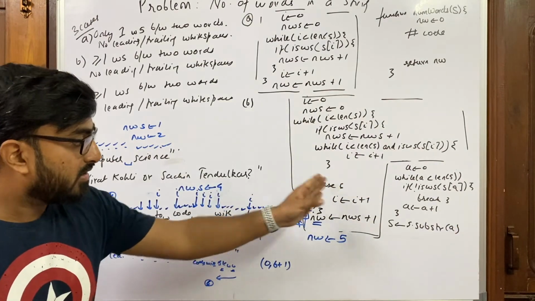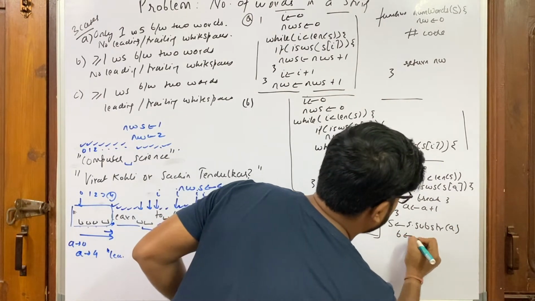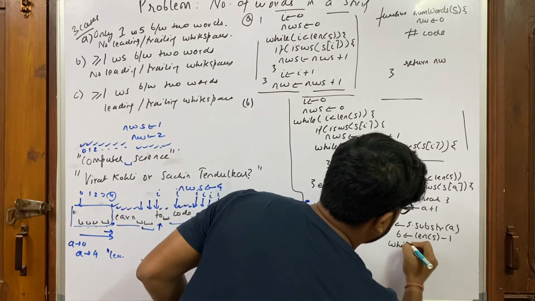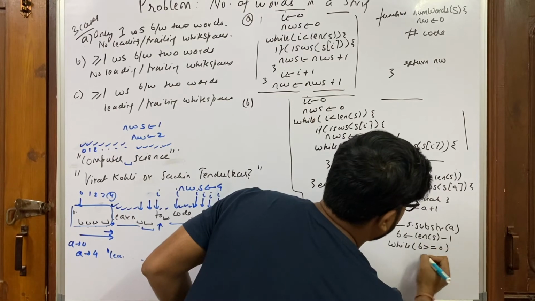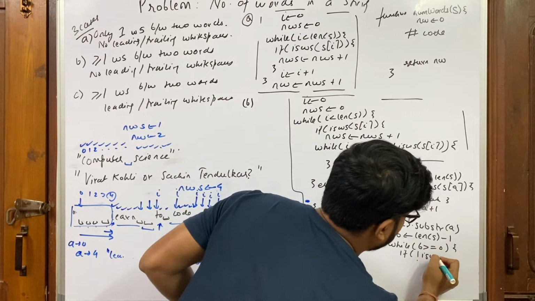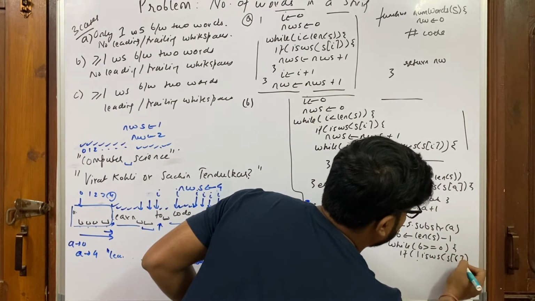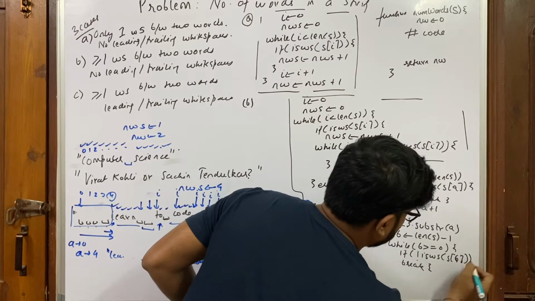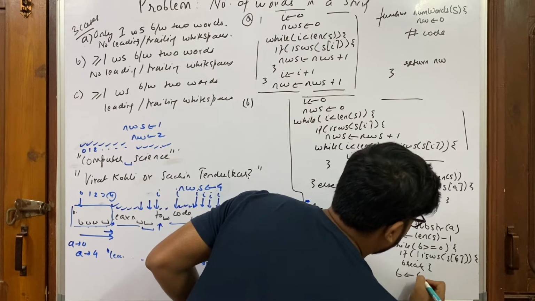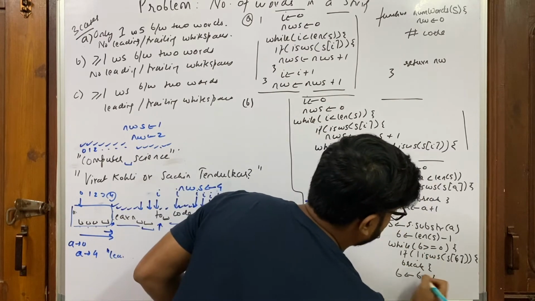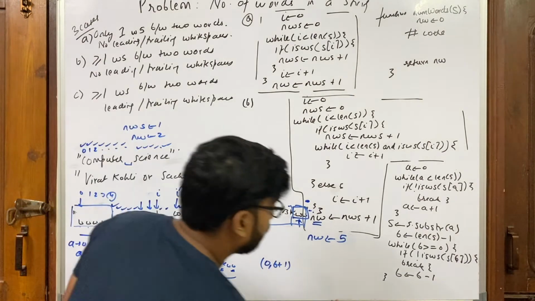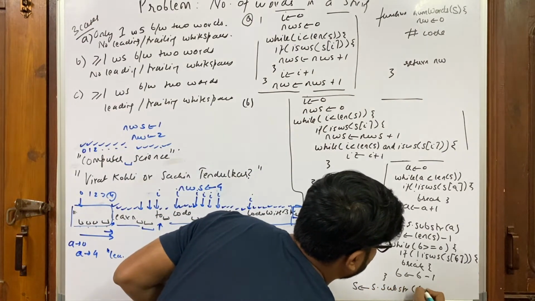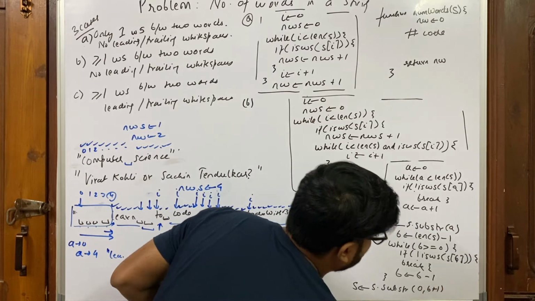Then you have to remove the trailing white spaces. You start with b at length of s minus 1. You do while b is greater than or equal to 0. If not is white space s of b, okay, you break, okay, and you have to move right to left, so you do b equals b minus 1, and then you do s is s dot substr starting from 0 till b plus 1.